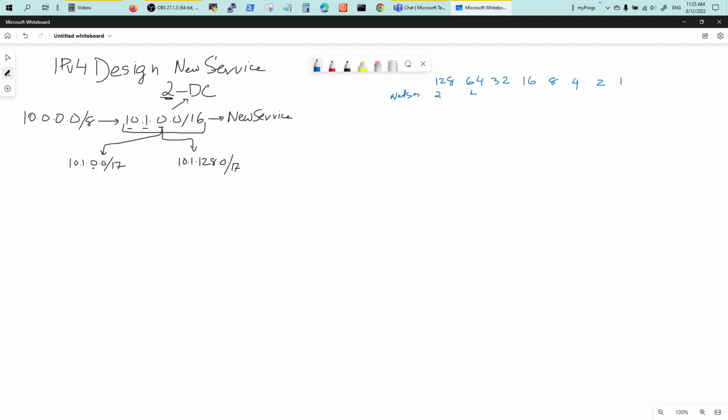This one will give you 4, this one will give you 8, 16, 32, 64, 128 subnets, and 256 addresses. So these are the networks. Now, based on this, you can determine how many nets you need and then further subnet that.